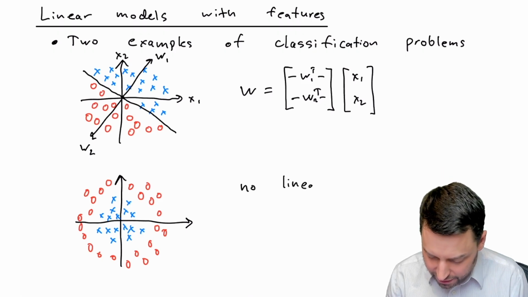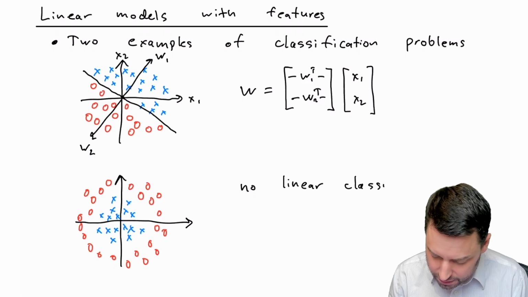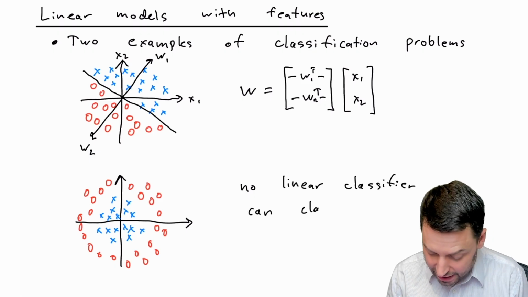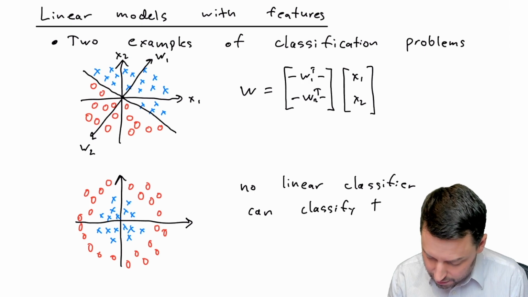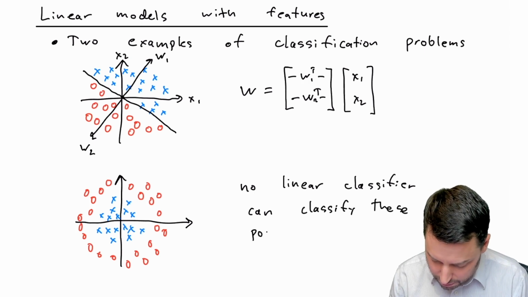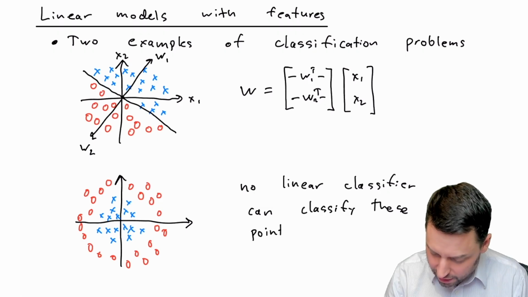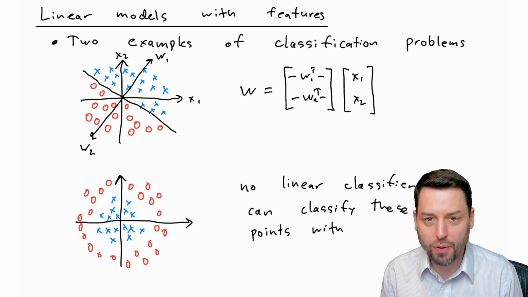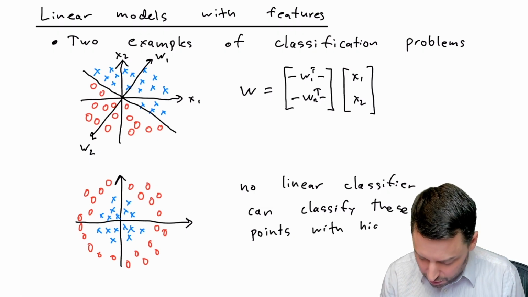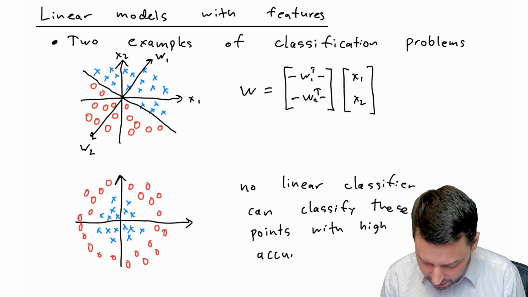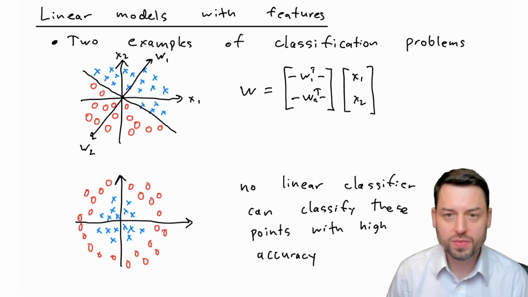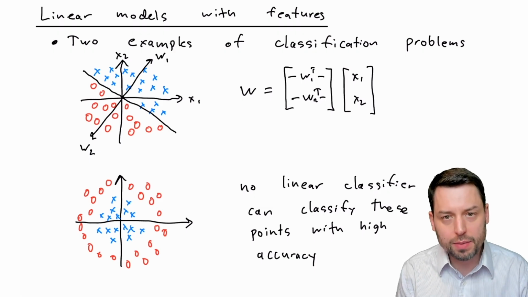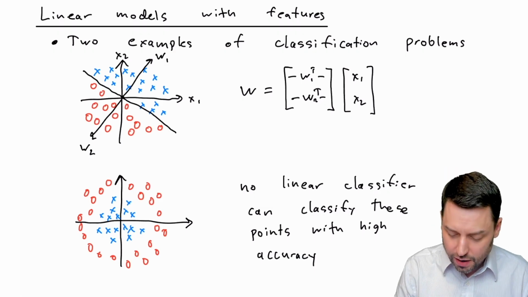No linear classifier can really classify these points with high or perfect accuracy. With high accuracy, right? So that's the intuitive idea here about the limits of linear classifiers.